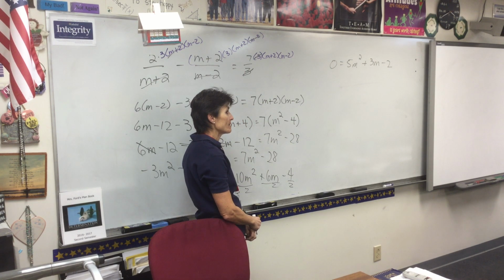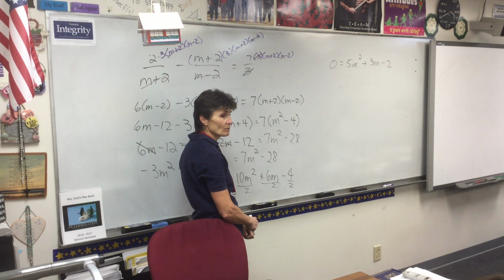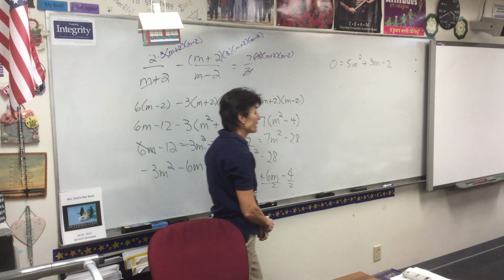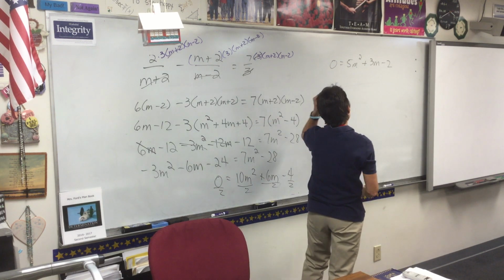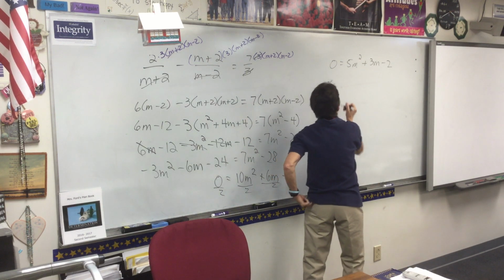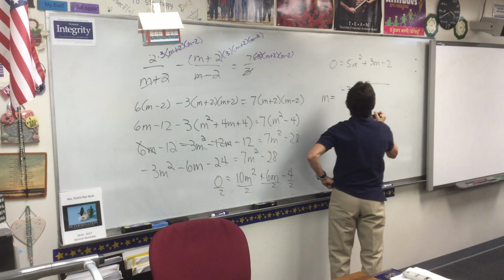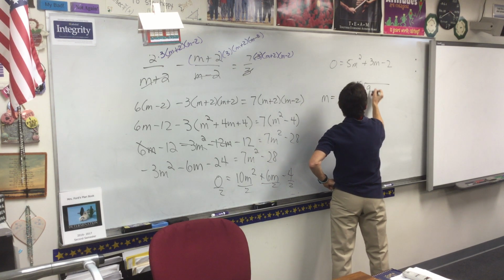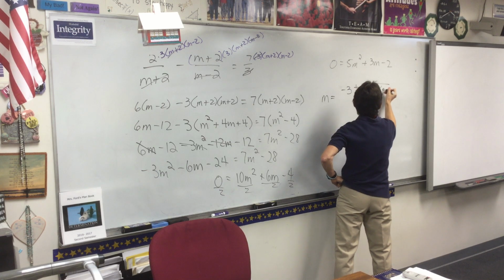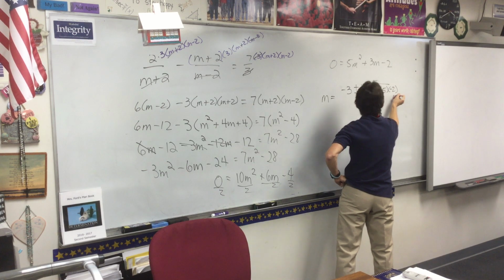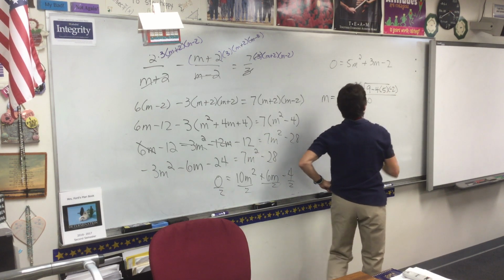I actually think that factors, but if you don't want to factor it, let's practice the quadratic formula. m equals negative b plus or minus the square root of b squared minus 4ac all over 2a.